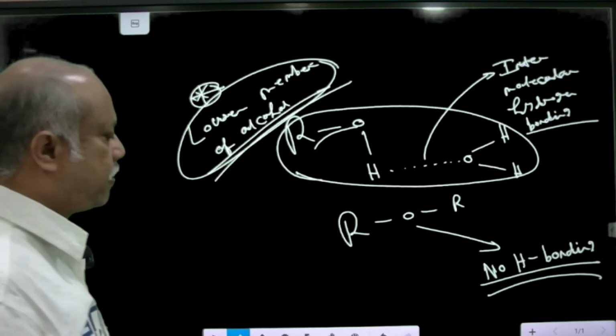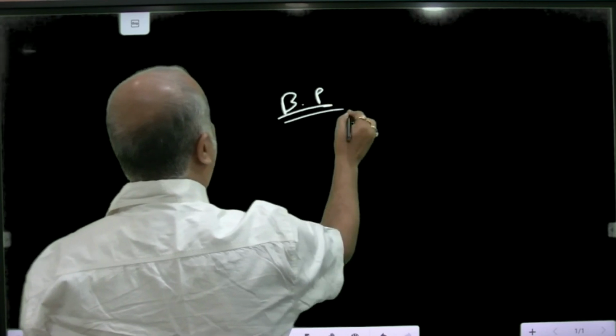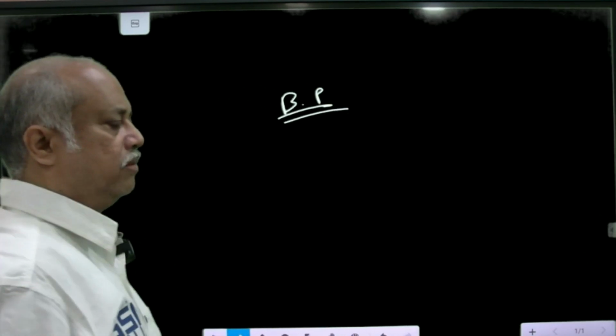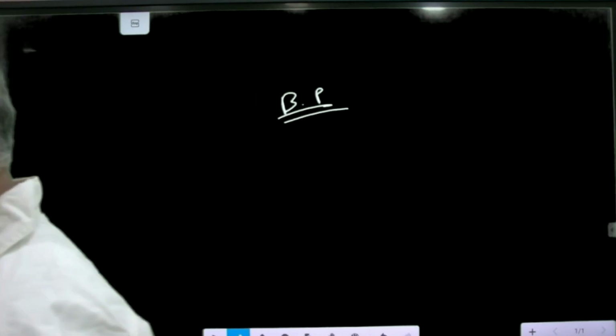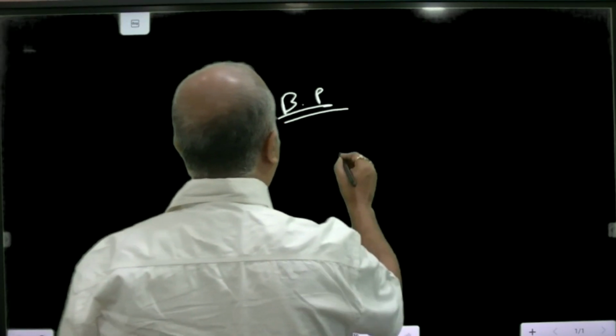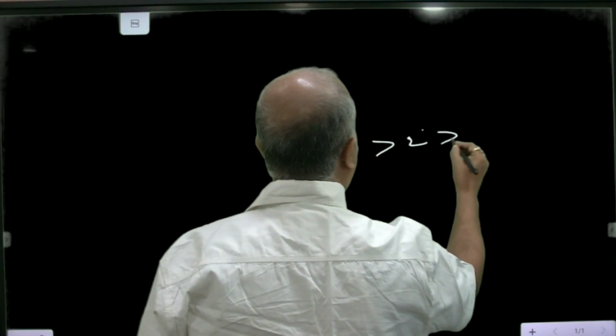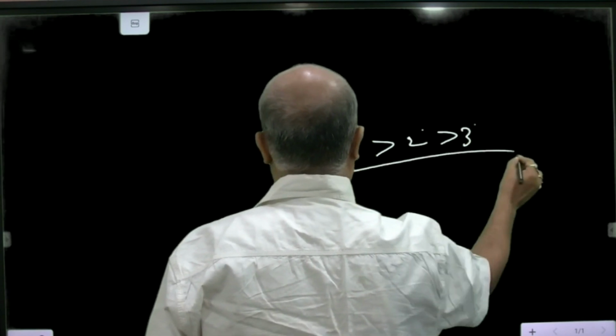Another one is BP, boiling point, compared to ether. And also in isomeric alcohol, boiling point increases from primary alcohol to secondary alcohol to tertiary alcohol.